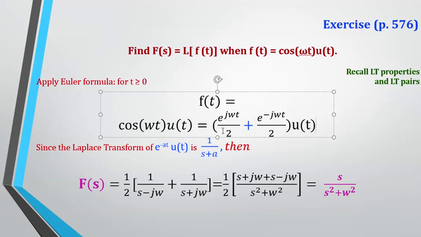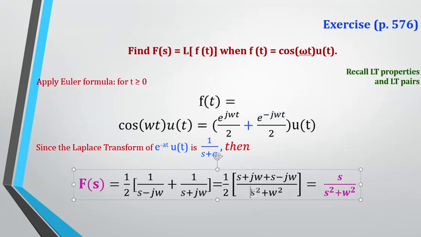So this first one will give us 1 over s minus j omega, because a was j omega here, the sign will switch, and the second one will become 1 over s plus j omega, and this 1 over 2 I took as a common factor. Then taking the common denominator will give us s square plus omega square in the denominator.